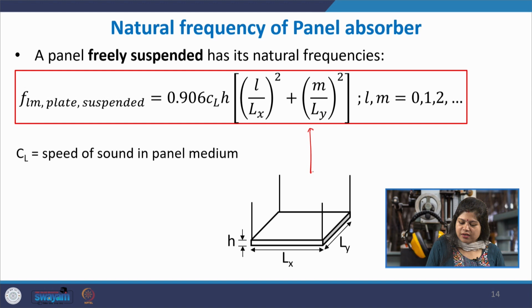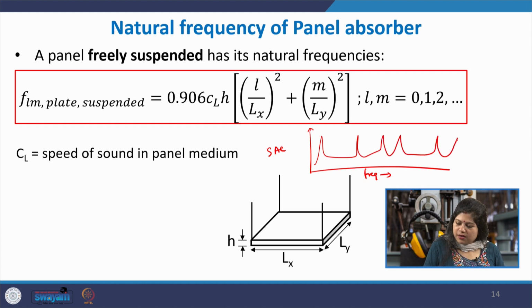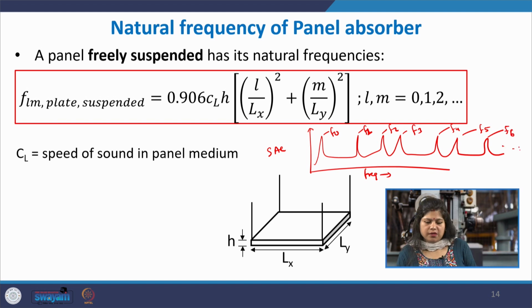So, once again its absorption characteristic should have multiple peaks corresponding to its natural frequencies. F0, F1. We will get a set of different frequencies for the different L and M values, and corresponding to that we will get a multi-peak sound absorption curve.